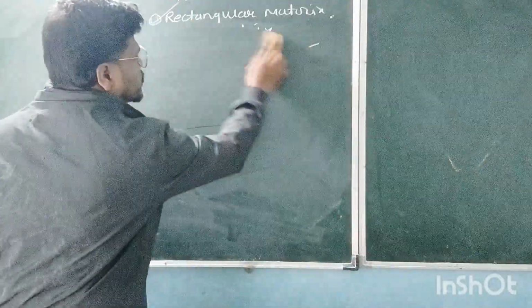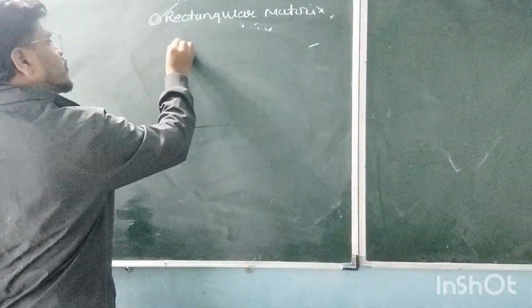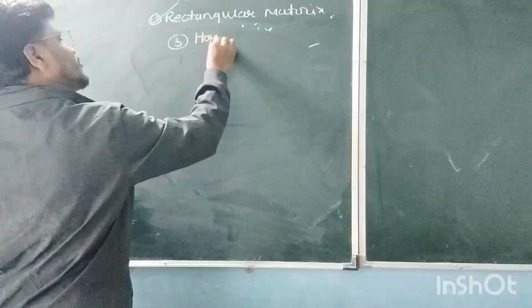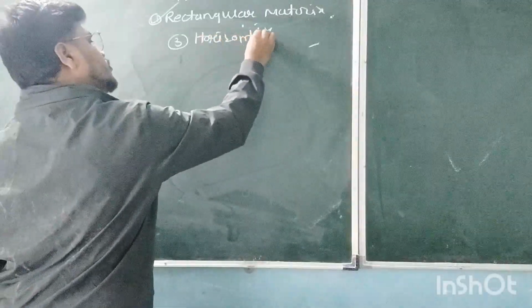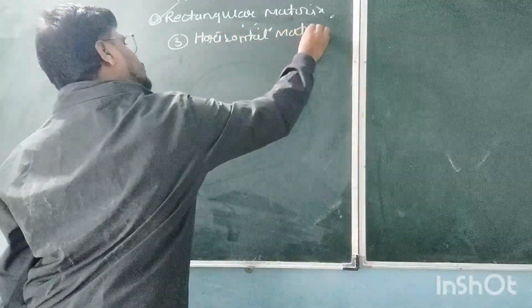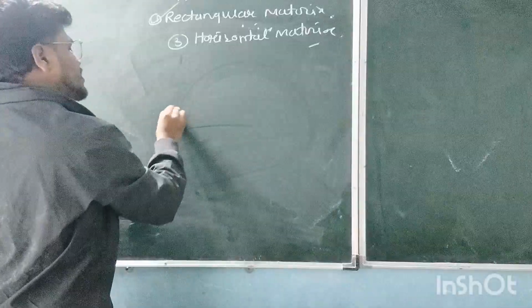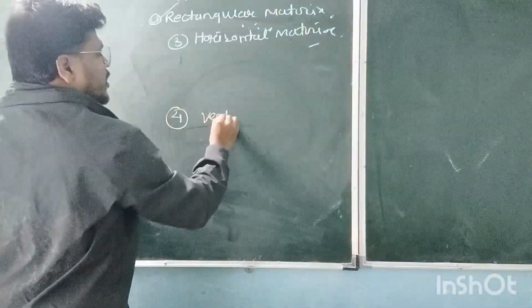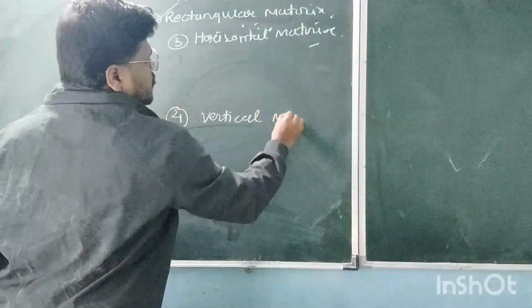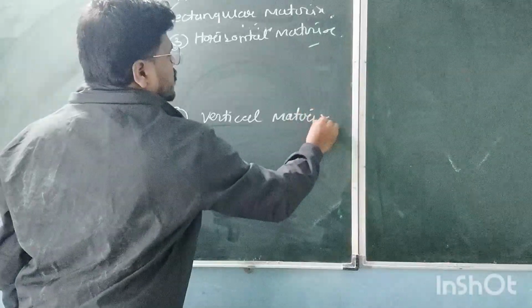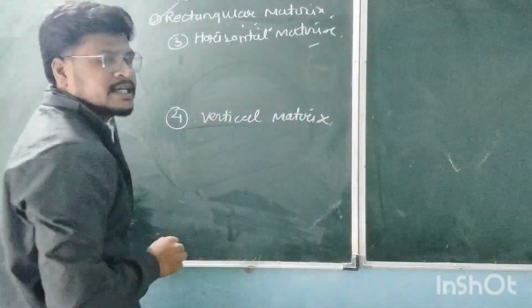Now next, horizontal matrix. And the fourth one is vertical matrix. What is the meaning of horizontal matrix?